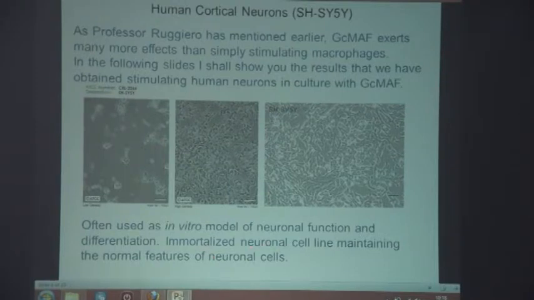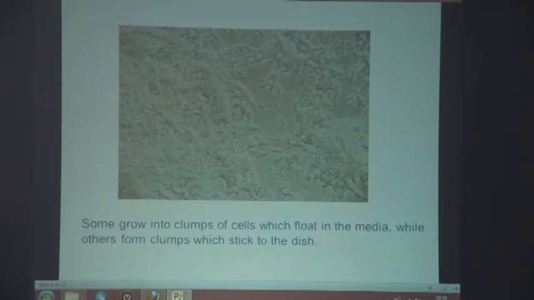It is an immortalized neural cell line maintaining, and this is important, the normal features of neuronal cells. You can see that some of the cells grow into clumps which float in the media, while others form clumps which stick to the dish. So it's not so easy to work with them.